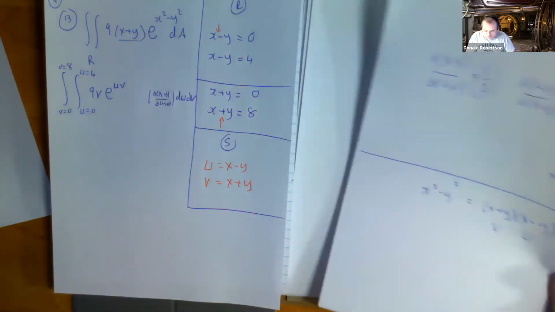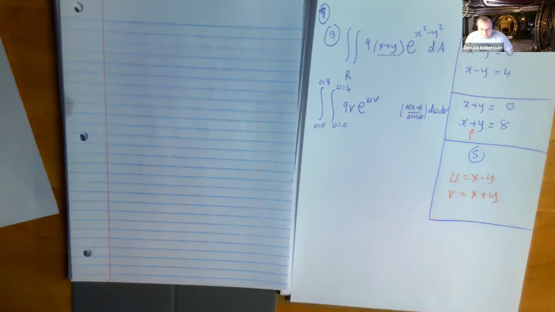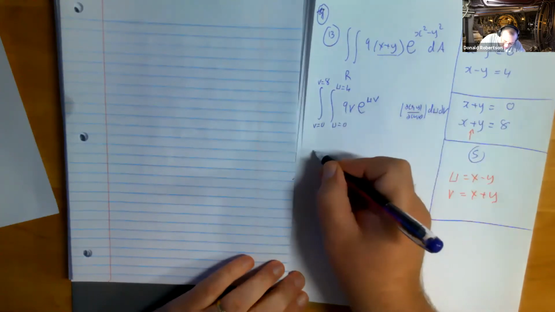So we now have all the pieces of the puzzle. Oh, by the way, that's a half, right? So if I take that 9 halves and I stick it outside, just to get rid of it, I'm now left with essentially this. Is this variable separable?